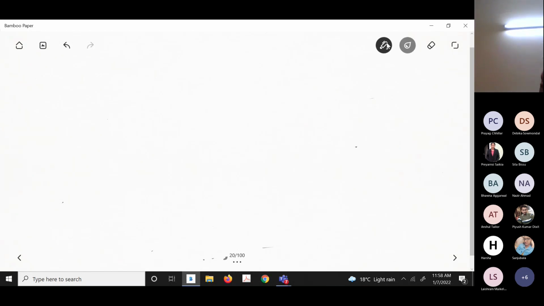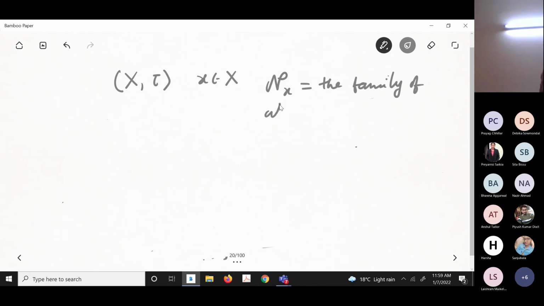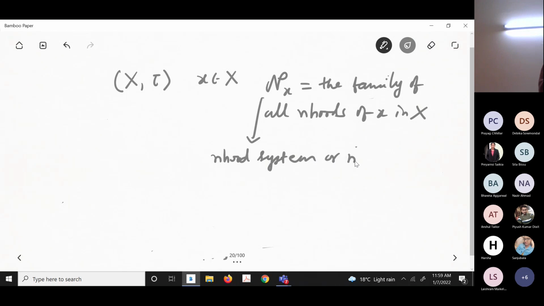You have a topological space (X, tau), and a point x in X. The family of all open neighborhoods of x in X is called either the neighborhood system or the neighborhood filter at x, since there is a concept of filter in set theory and topology.